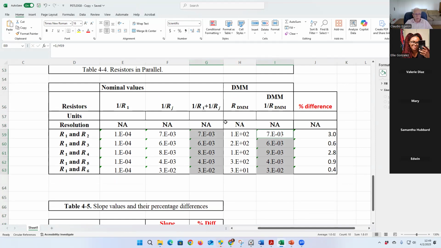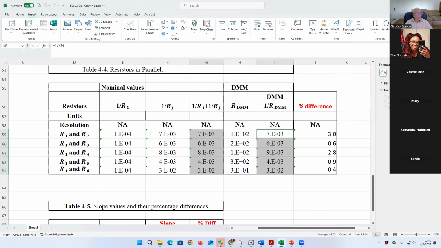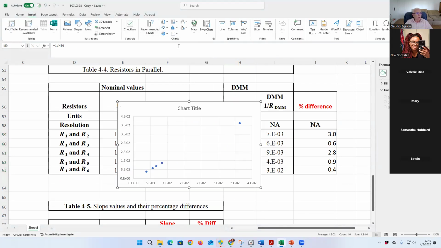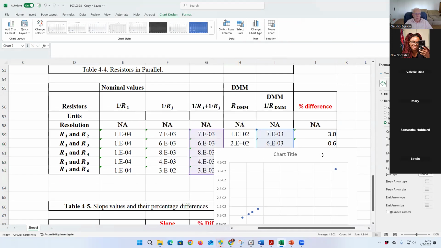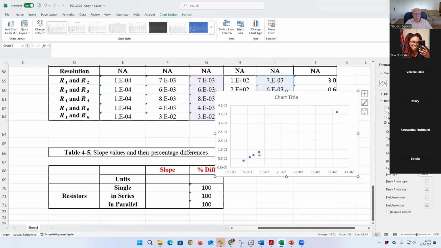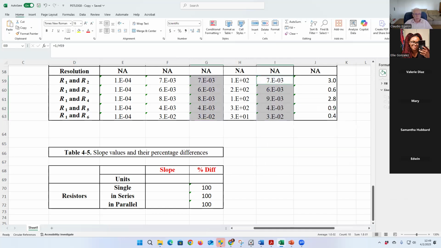It's the inverse. This one is going to end up in the x-axis. This one is going to end up in the y-axis. You know, insert. Here you go. That's what we get. Okay? Make sense? Yes, thank you.